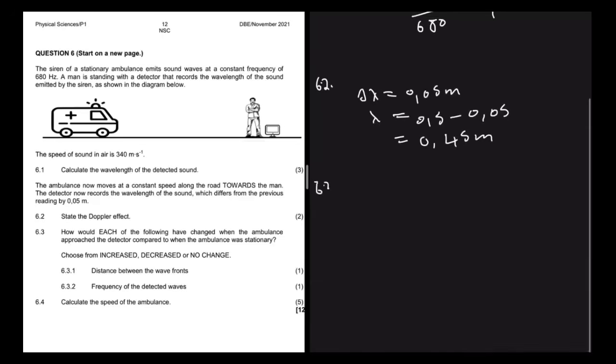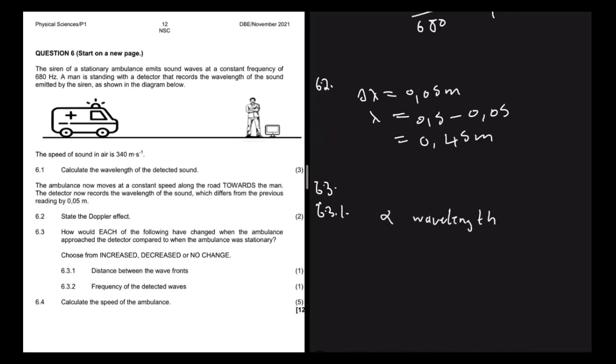And then we have 6.3. So 6.2, that's the definition. And then 6.3 says, how will each of the following have changed when the ambulance approached the detector compared to when the ambulance was stationary? And then we have 6.3.1, it says distance between the wave fronts. The distance between the wave fronts is directly proportional to the wavelength.